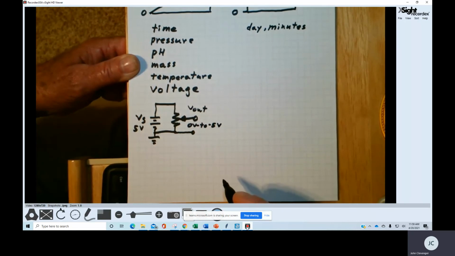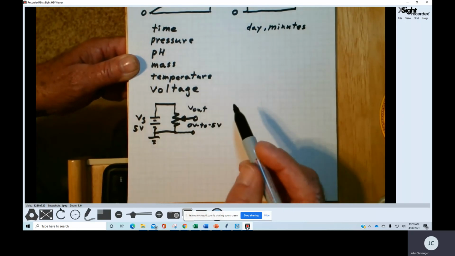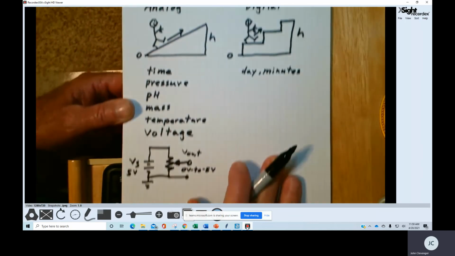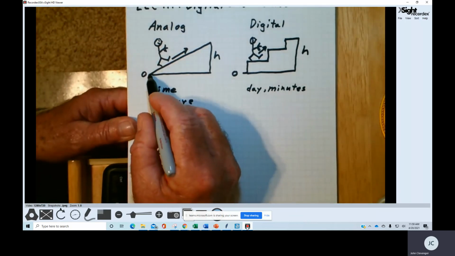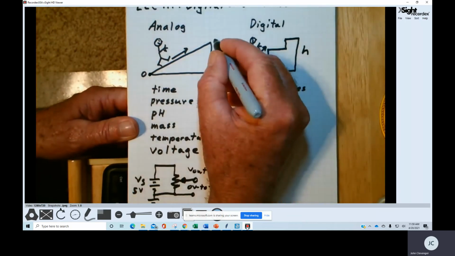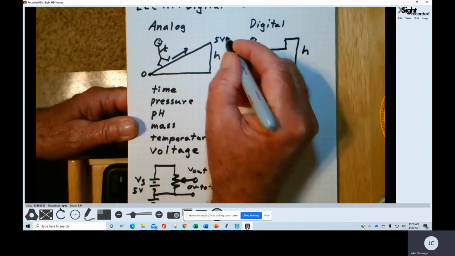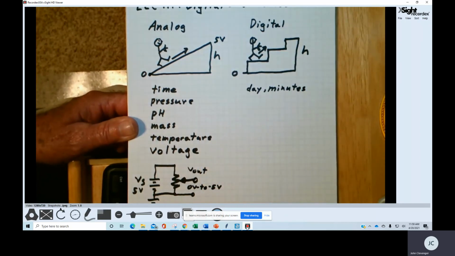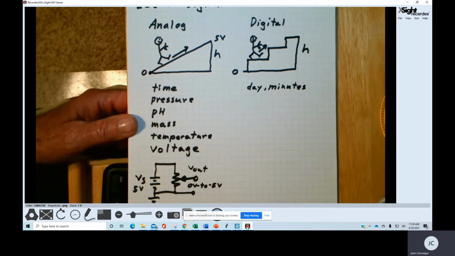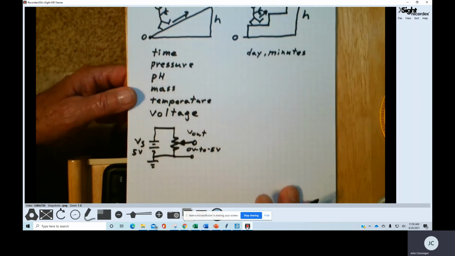As I vary this potentiometer, this output voltage could go from 0 volts up to 5 volts. There are no set or discrete points that the output voltage can be.